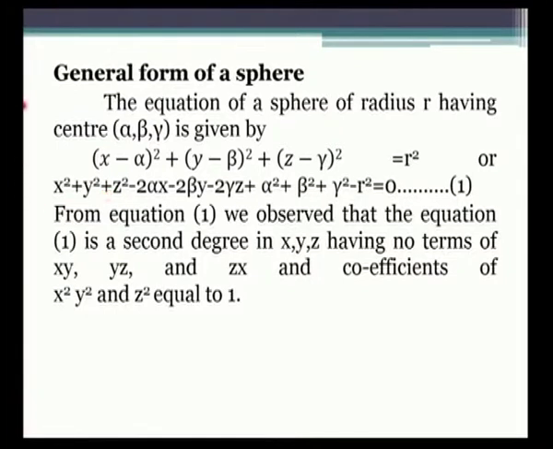These are the three things we note from this equation. First, this equation is a second degree equation in x, y, z; second, it does not have any term like xy, yz and zx; and third, the coefficients of x square, y square and z square are equal to 1.